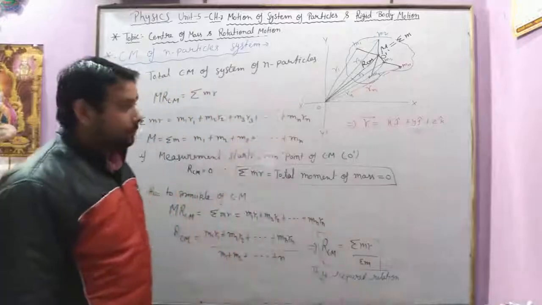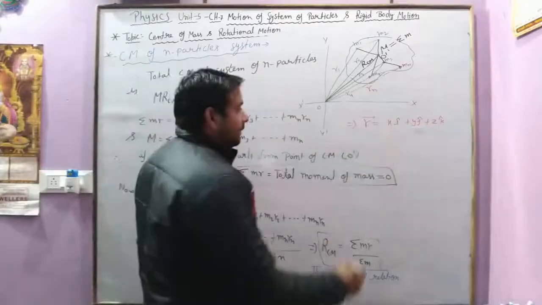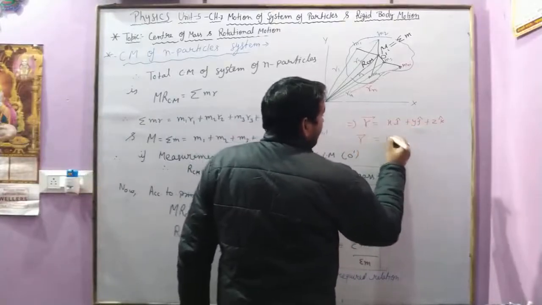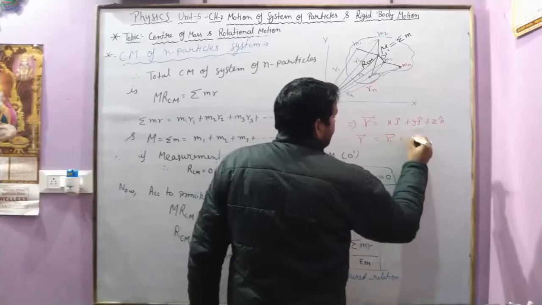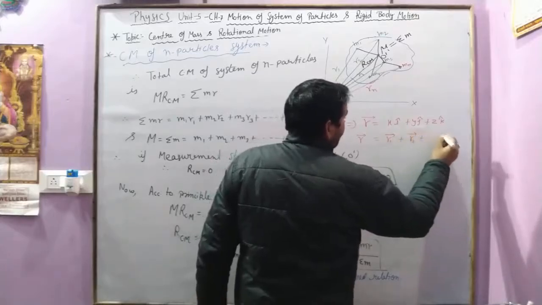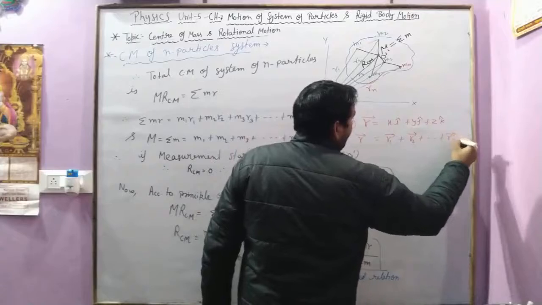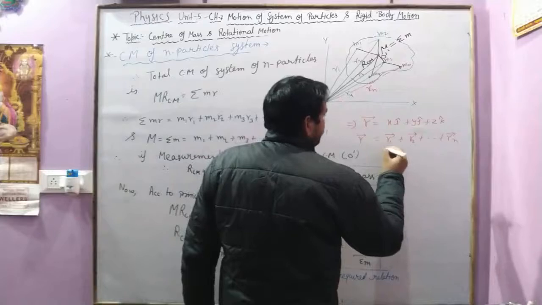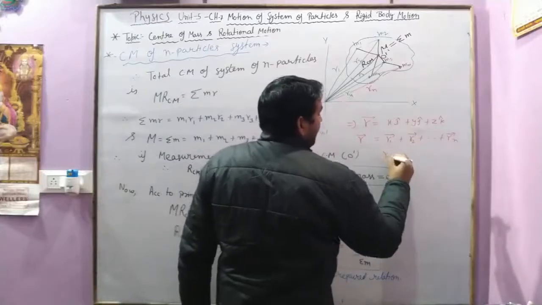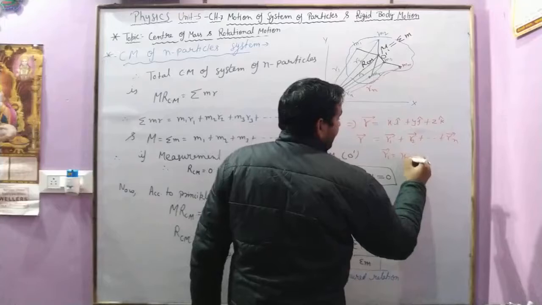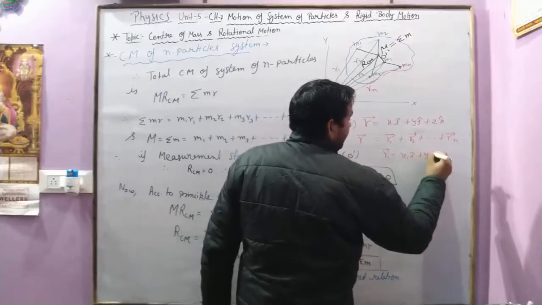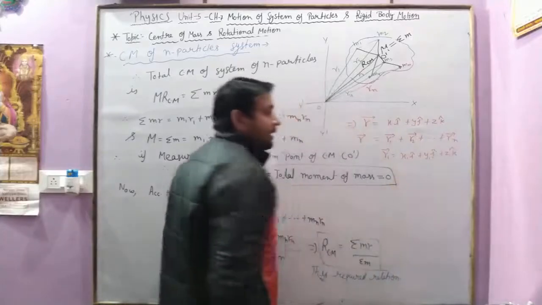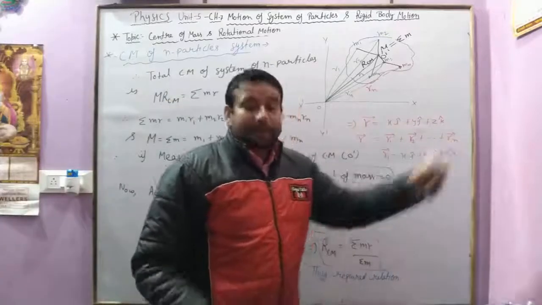Okay, therefore if there are n particles, then r is equal to vector r1 plus vector r2 plus up to vector rn. Therefore we can say r1 is equal to x1 i cap, y1 j cap, z1 k cap, and similarly for rn.